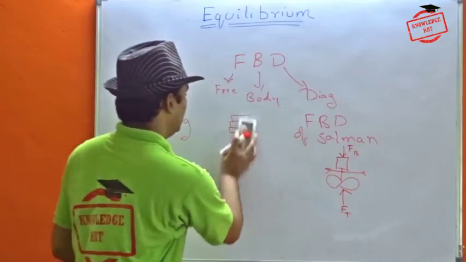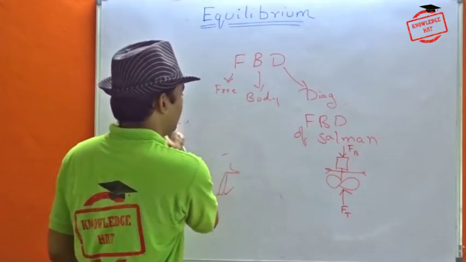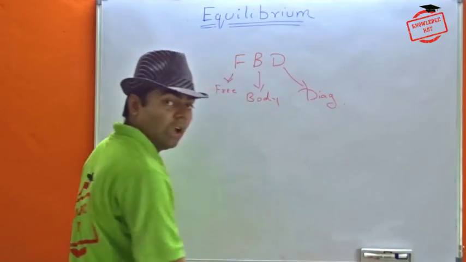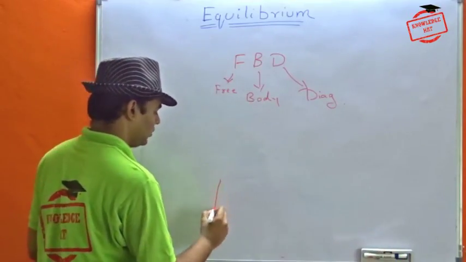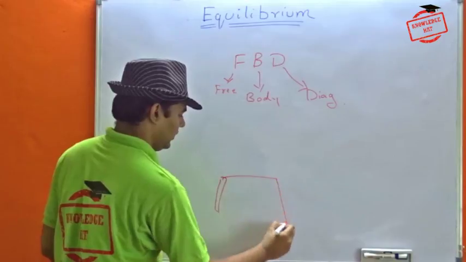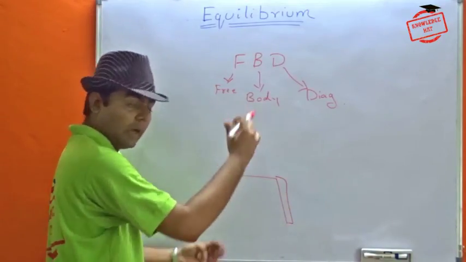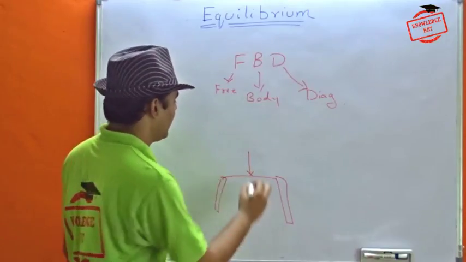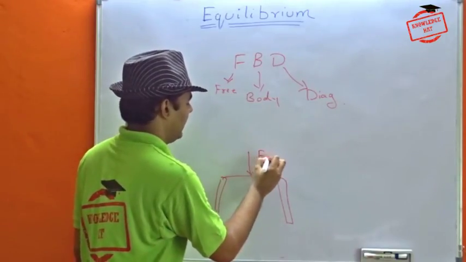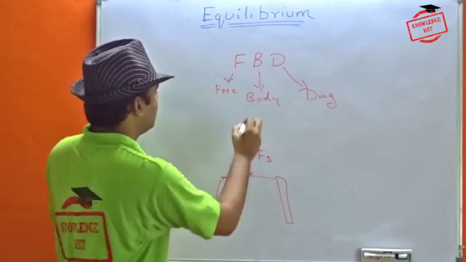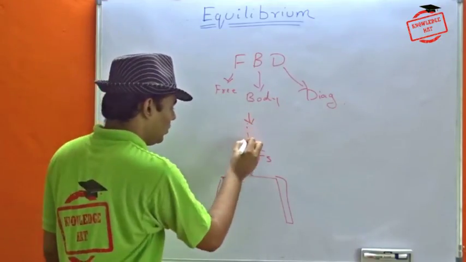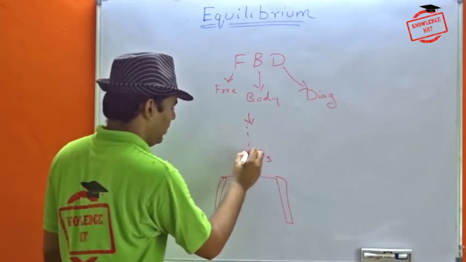Now, suppose for the same case, we draw an FBD for the table. So we'll draw the table. There was Salman Khan sitting. He will exert some force on this table. So this will be Fs. There were also some books on Salman's head, which will also be acting at this point.